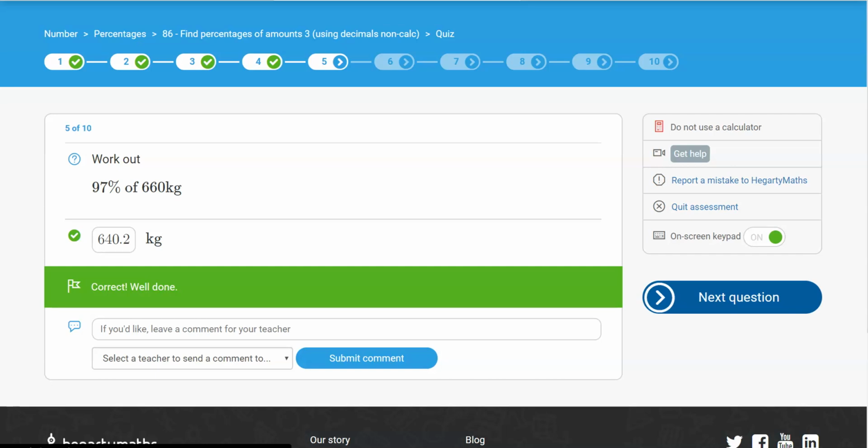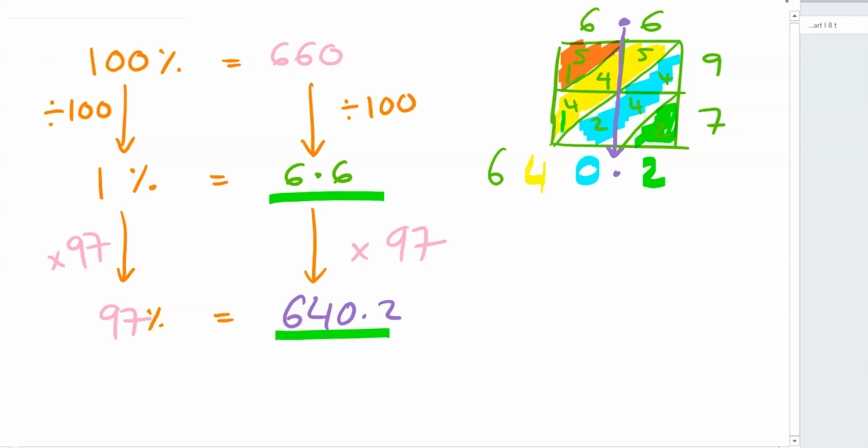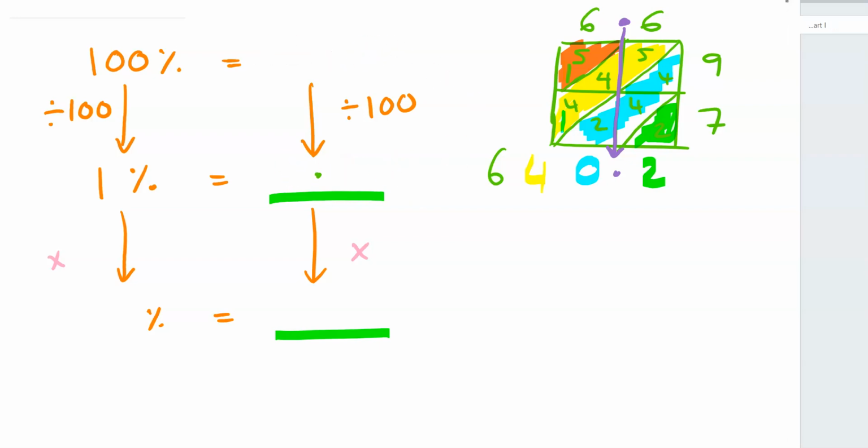There we go. Next one. So 86% of 570. Right, back to pink. 570, 86.